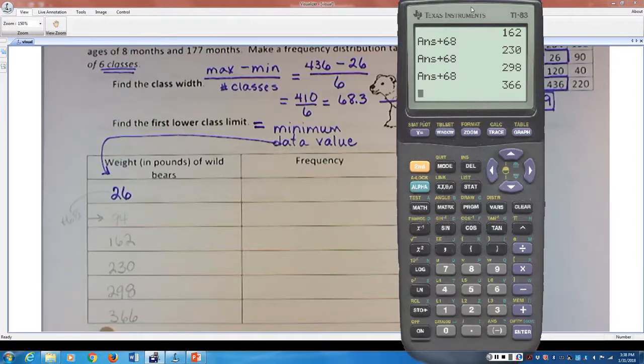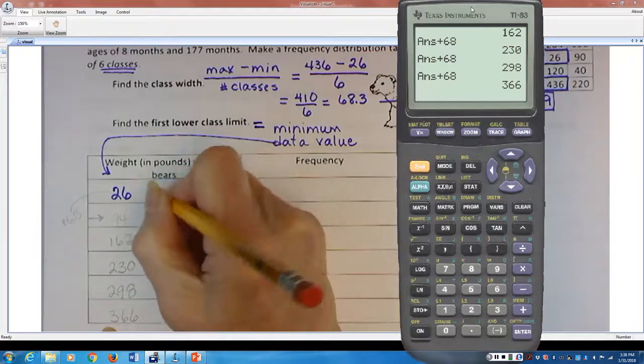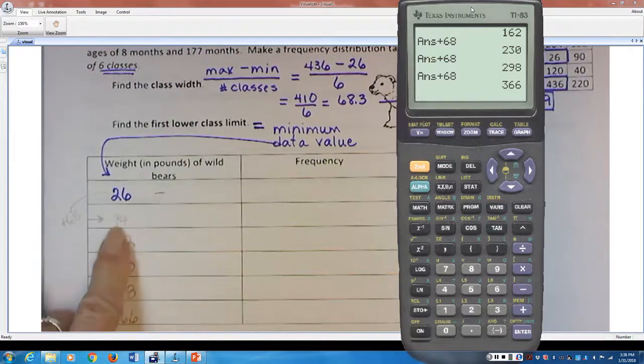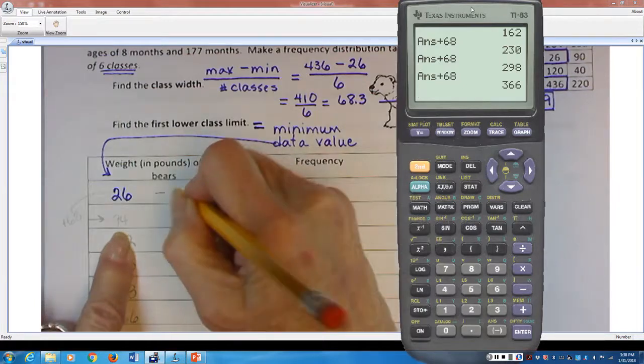So I've got all these lower class limits, but I need the upper class limits as well. So if I get the upper class limit, if this first class is not going to contain 94, what's the biggest number it can contain? Okay, and that's a good point.